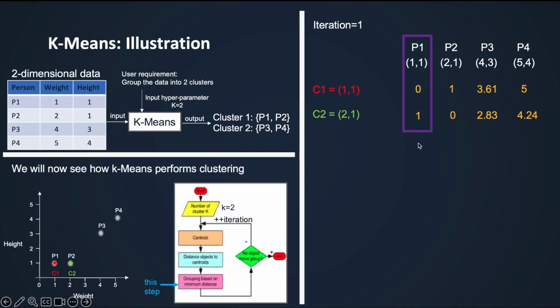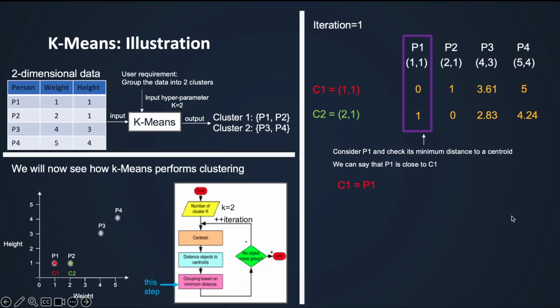In this step, we choose each data point and then we find the minimum value, that is, which centroid the point is close to. We can see that P1 is close to C1. So, we say that the P1 point belongs to the C1 centroid.